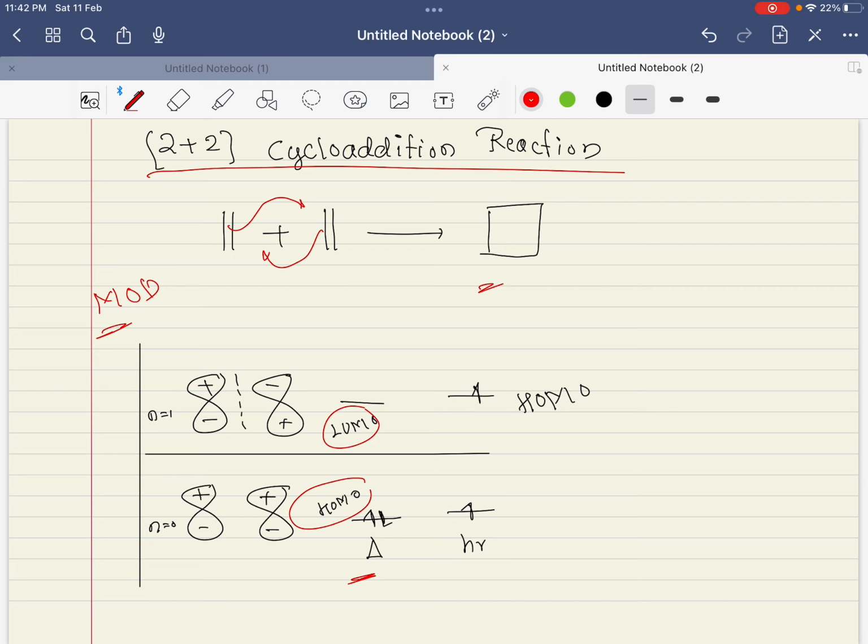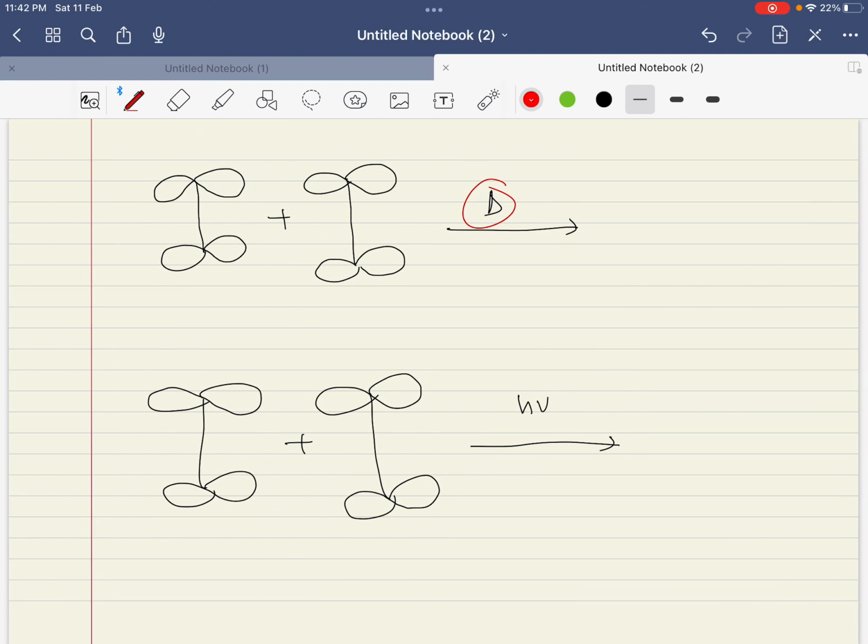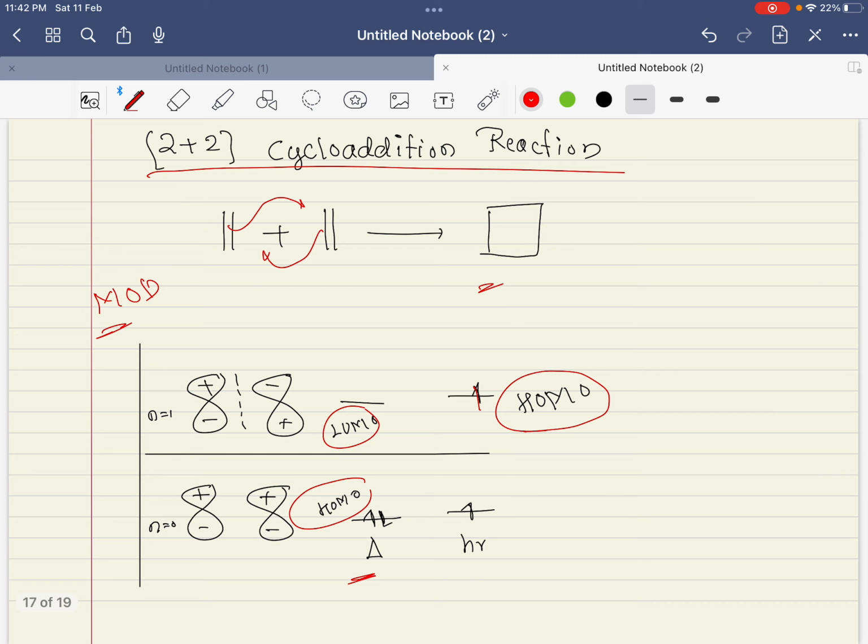In photochemical condition, one electron will be shifted, so this will become a HOMO and there is no LUMO here. First we'll check for the thermal condition and then we'll go for the photochemical condition. Here HOMO of this molecule and LUMO of another molecule undergo the reaction.